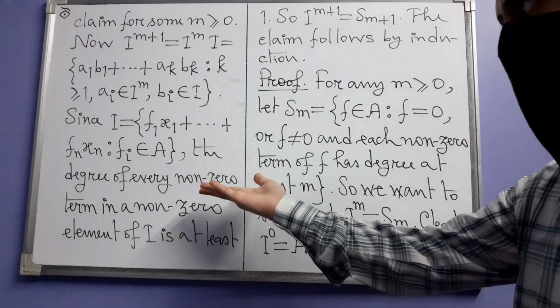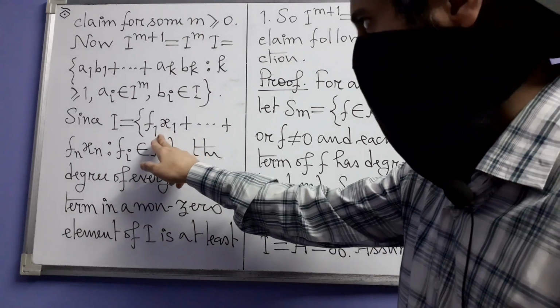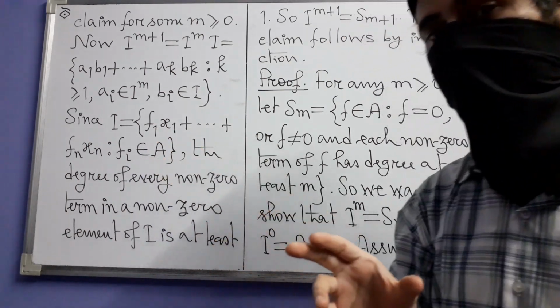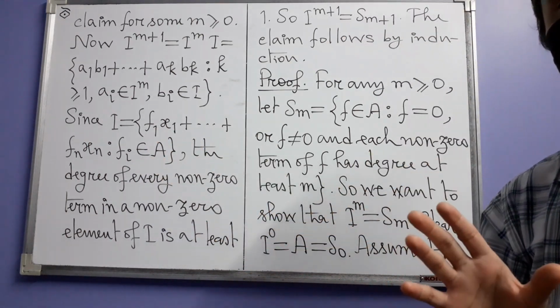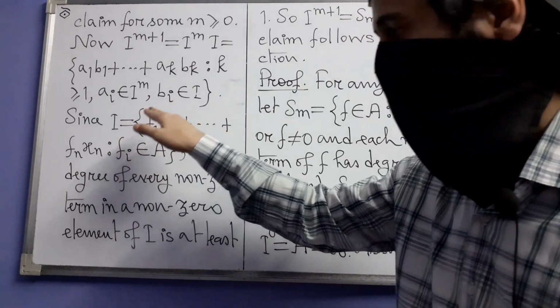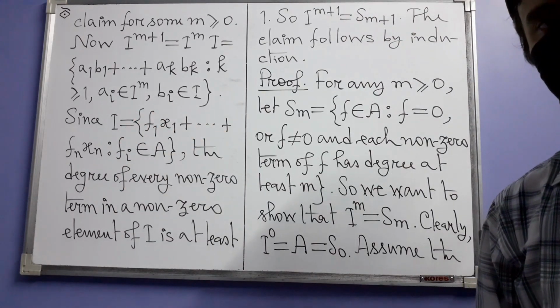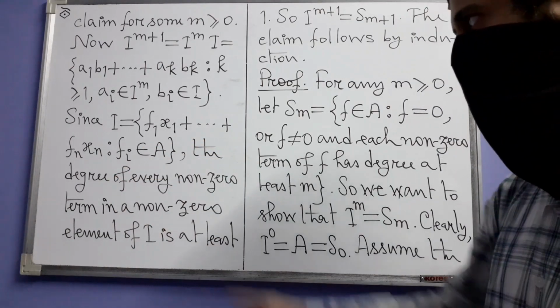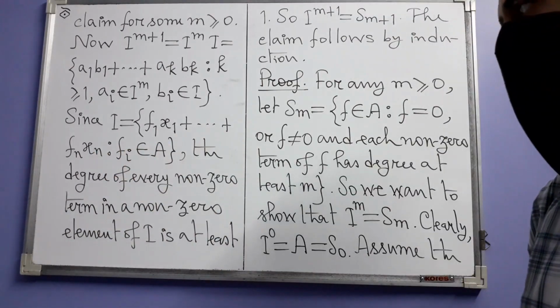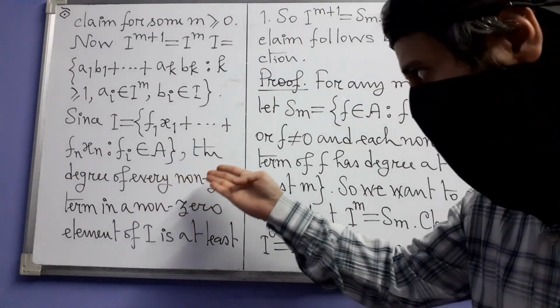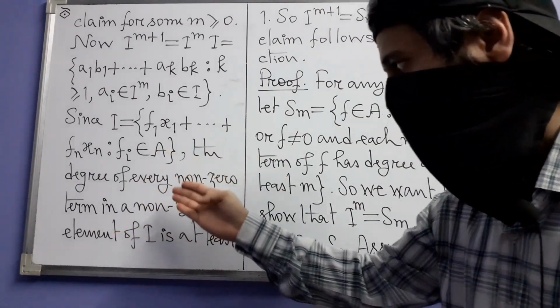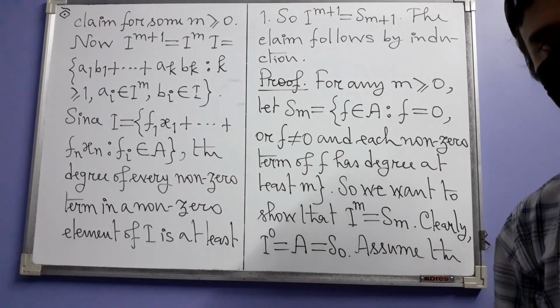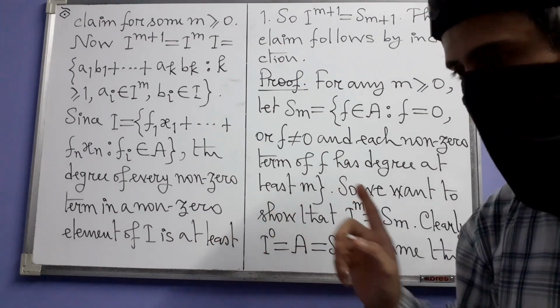And you can clearly see that because of this, there will be no constant term in any polynomial which is an element of I. There is no possibility for having any constant term in this type of sum, and that is why the degree of every non-zero term in a non-zero element of I must be at least 1.